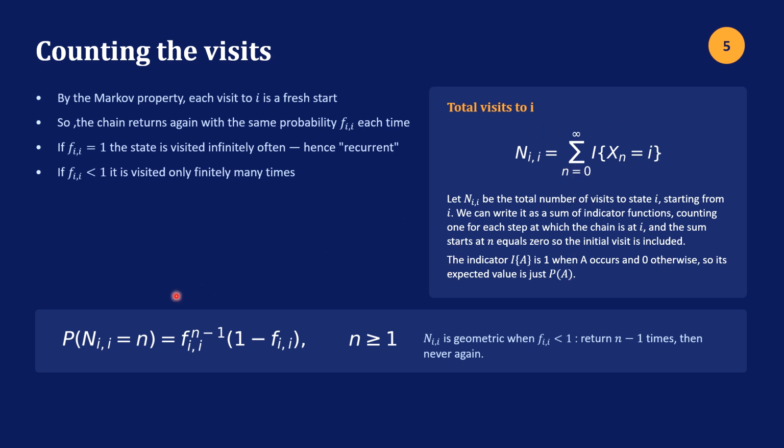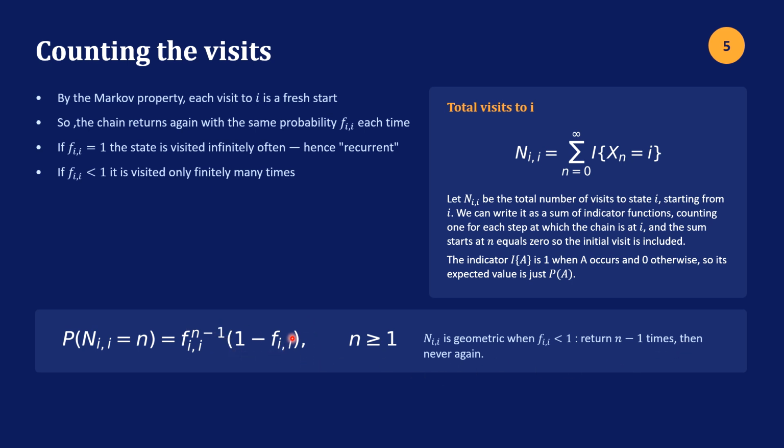Okay, and then here at the bottom, we have the probability that the total number of visits to state I equals n, given by this expression here: f sub I to the n minus 1, times 1 minus f sub I. So this is basically a geometric distribution. You return n minus 1 times, then never again.